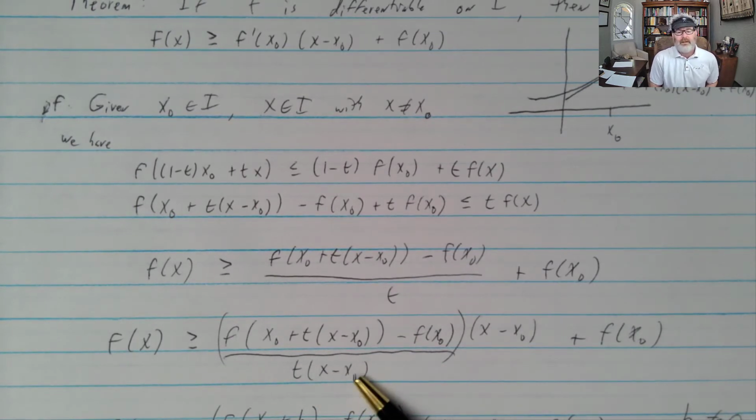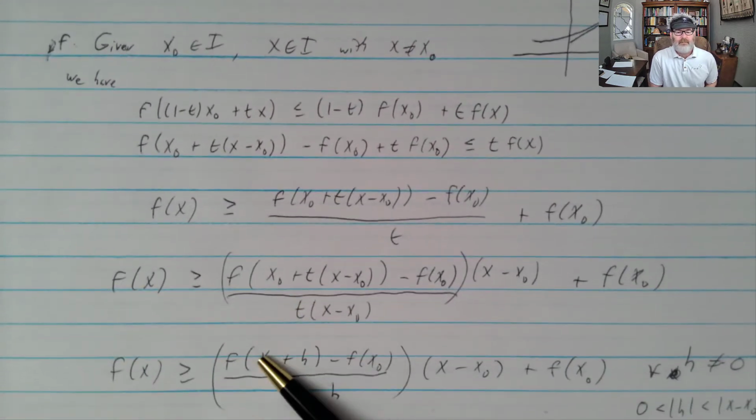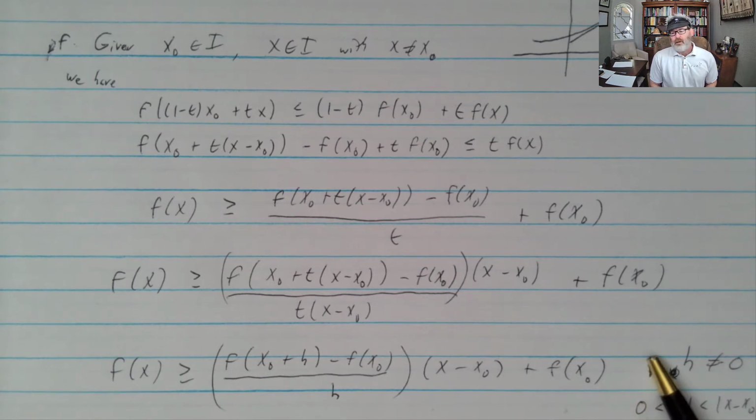And h could be negative, it doesn't matter. So if that's h, then I have f of x₀ plus h minus f of x₀, divided by h, times x minus x₀, plus f of x₀. And that's true for all h not equal to 0 and in this interval, kind of a punctured interval.